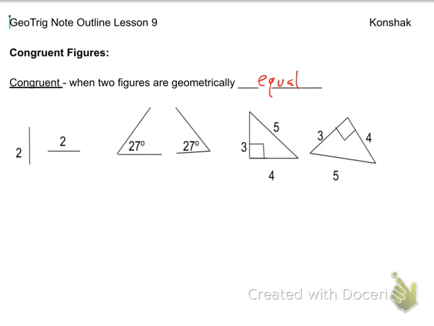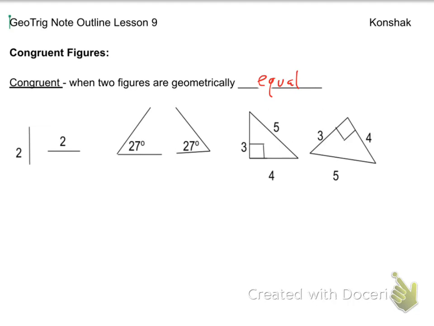But basically congruency means to be equal or to be the same in all aspects. Now it doesn't mean all of the angles within an object are the same. It means that when two objects are congruent, you can find corresponding parts in the exact same places that are the same.